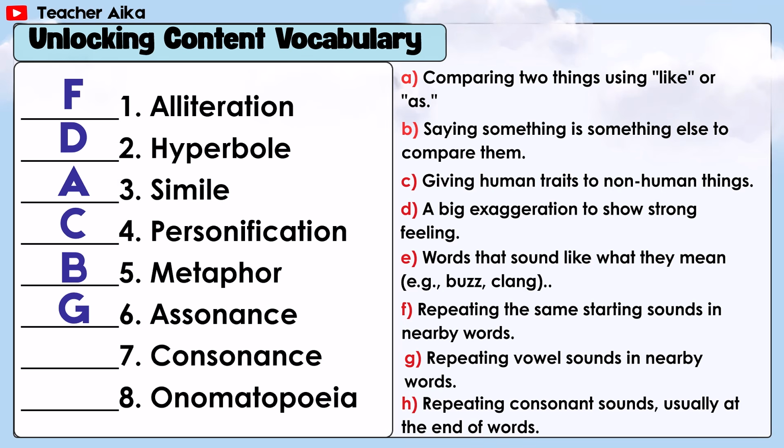Answer: G. Repeating vowel sounds in nearby words. 7. Consonance. Answer: H. Repeating consonant sounds usually at the end of words. 8. Onomatopoeia. Answer: E. Words that sound like what they mean. Example: buzz, clang.